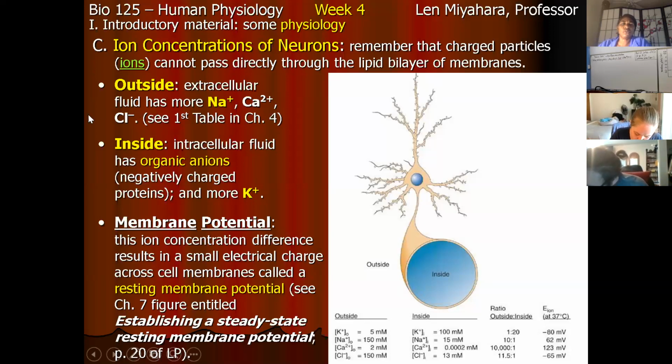And even though there is more chloride outside the cell, we have these things called organic anions. Remember, organic means it has carbon in it. When we talked about ions or electrolytes, there's actually 2 subcategories: cations, which are positive, and anions, which are negative. Okay.